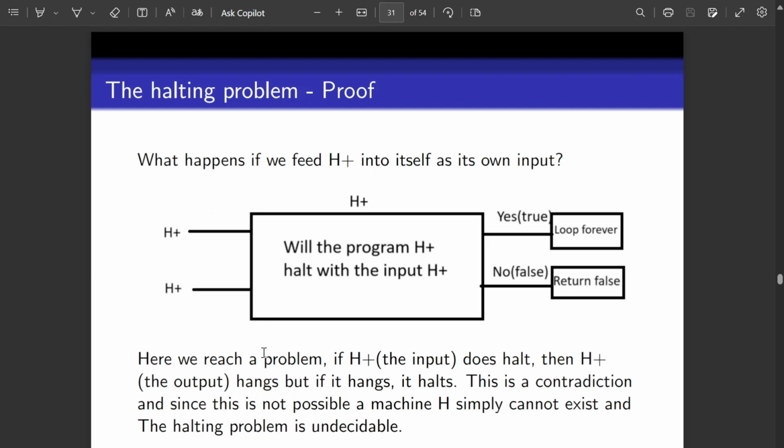We reach a problem here, because if H plus with this input halts, then the output of H plus here hangs. But if it hangs here, it halts here, which is a contradiction. It halts when it hangs and it hangs when it halts. Since that's a contradiction, we can say that the program H simply cannot exist and the halting problem is actually undecidable. Does that make sense for everyone as well?